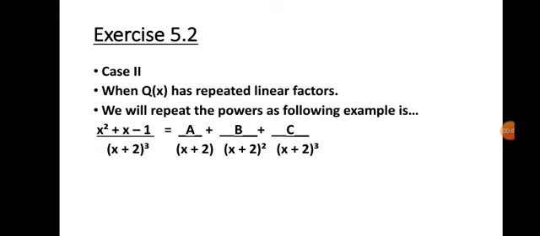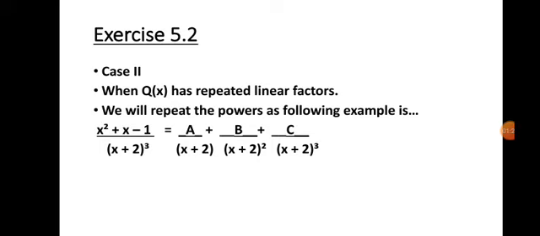Students, it is the second case of partial fractions, and case 1 we have already learned. As I have already mentioned, it will contain repeating linear factors in its denominator. So students, we're going to solve example number 1 at page 184 that is included in your syllabus.